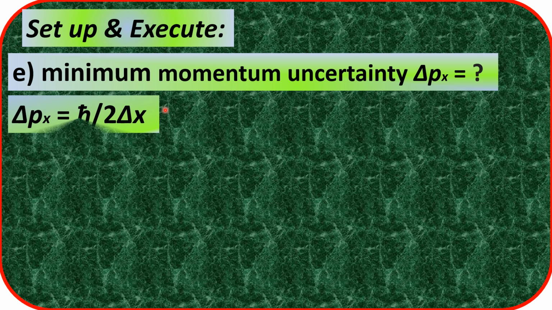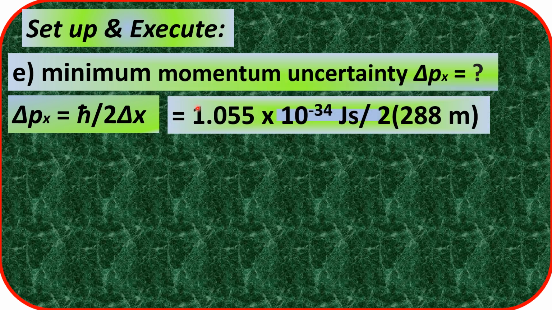This is simply equal to h bar, or Planck's constant over 2 pi, divided by twice the minimum position uncertainty, delta x, or 1.055 times 10 to the negative 34 joules second divided by 2 times 288 meters.